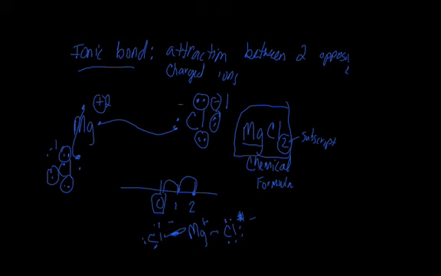And so the other thing that we had talked about in class and did a lab with are the properties of ionic bonds. The properties of ionic bonds are going to be the following. The first one is that they are oftentimes hard and brittle.